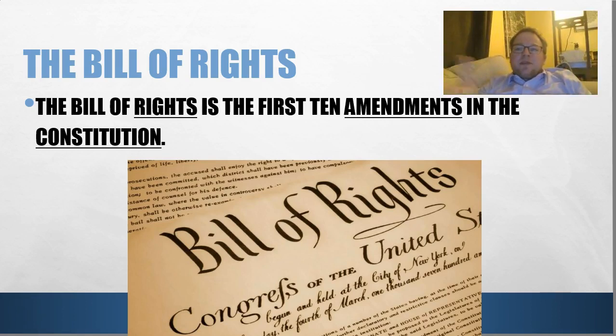So they built in the amendment procedure, which we're going to talk about. An amendment allows us to change the Constitution, so this allows the Constitution to grow and add things as the future dictates.